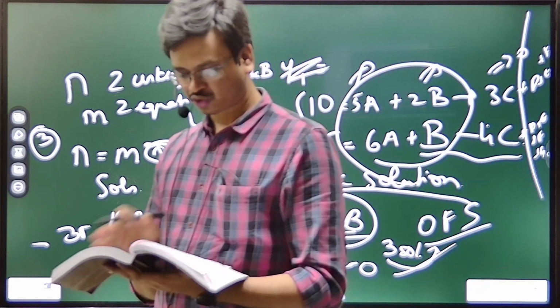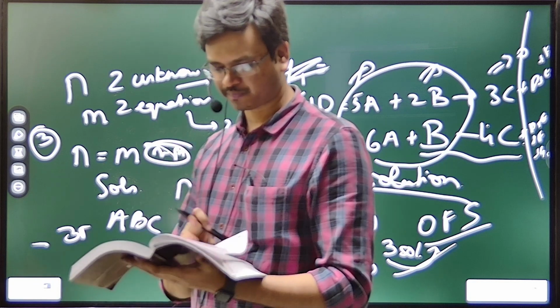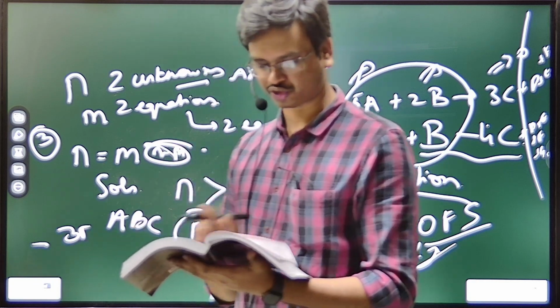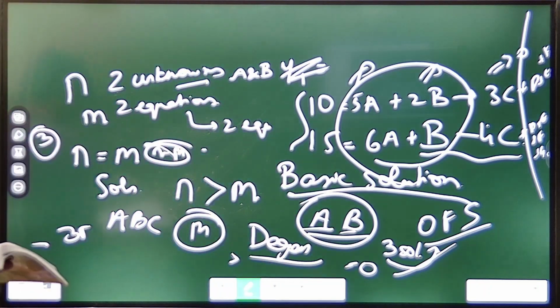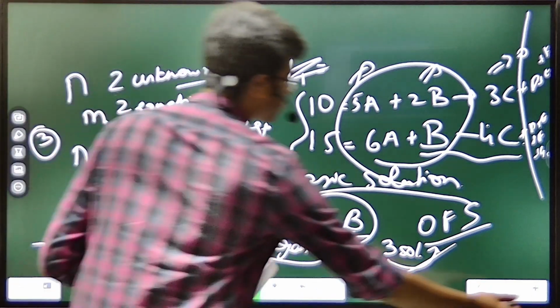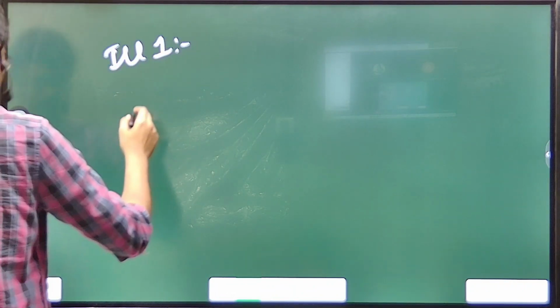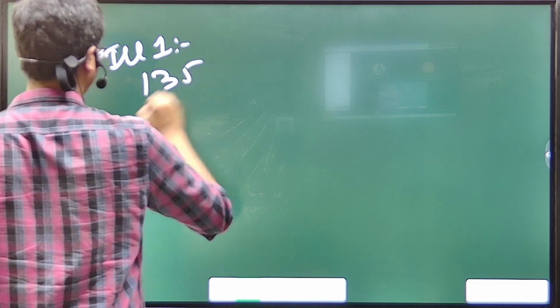So let us look at a small problem and then we'll wind up. If you look at the problem, you will better understand what we are talking about. You can look at illustration 1, page number 135.